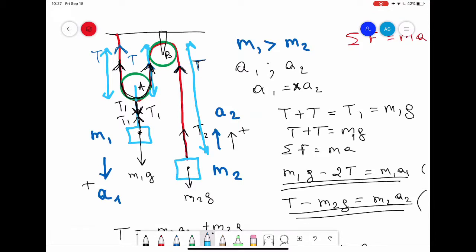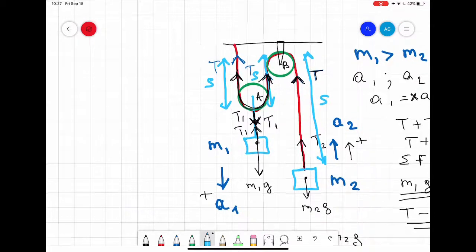If you say this one is S, right? As you can see here, for the pulley A, if you add these two ropes, S to S, you will get the same as the length of the rope on the right side for the M2. So let's write down the equation for this one. How can we write that equation?